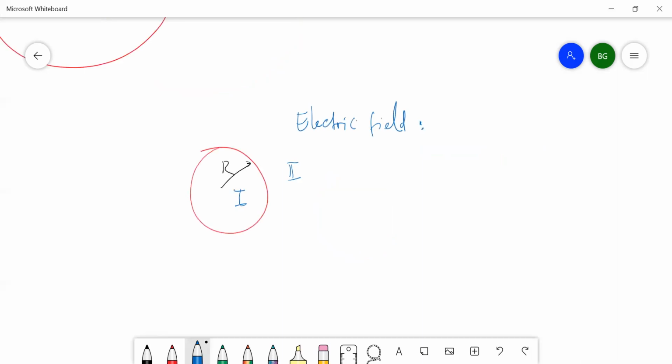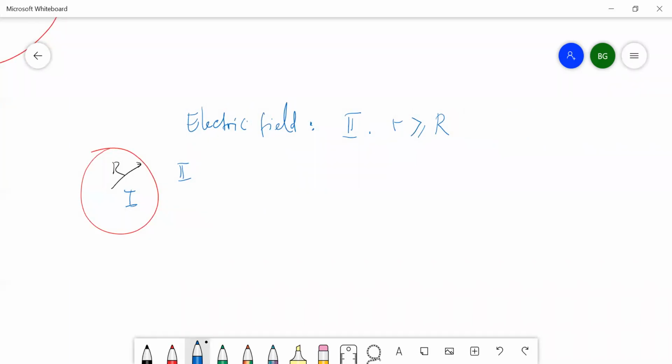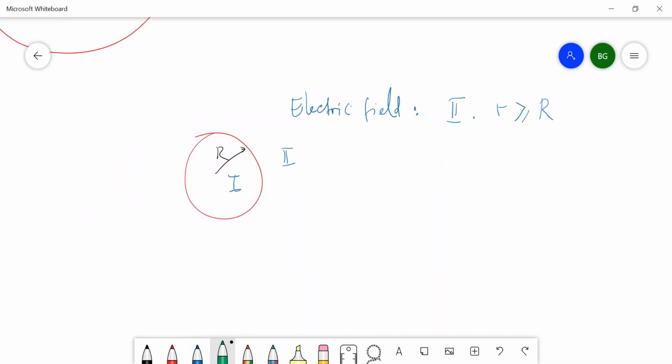Region 2 is little r greater than or equal to big R. It means the radius of the Gauss surface is greater than R. The big R is the radius of the thin sphere.